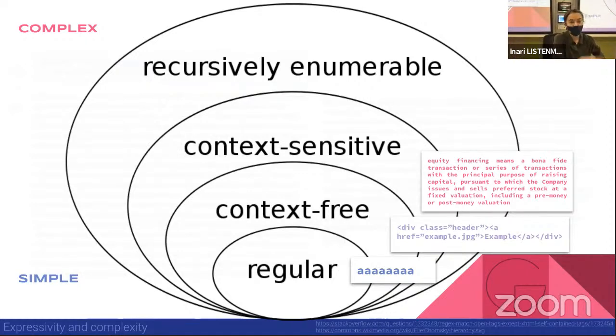Complete hand wave, these are not in the right places, but with regular languages we can recognize and output very simple languages. And with context free, if we want to parse HTML properly, we would need to use a context free grammar.